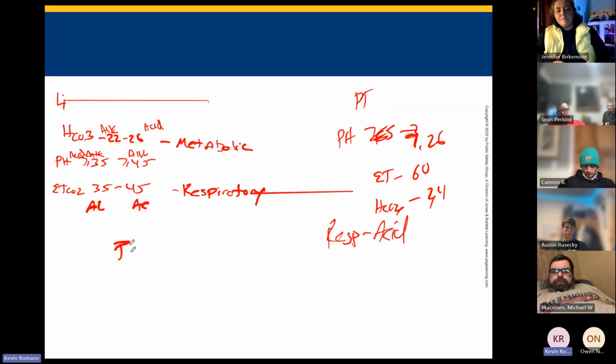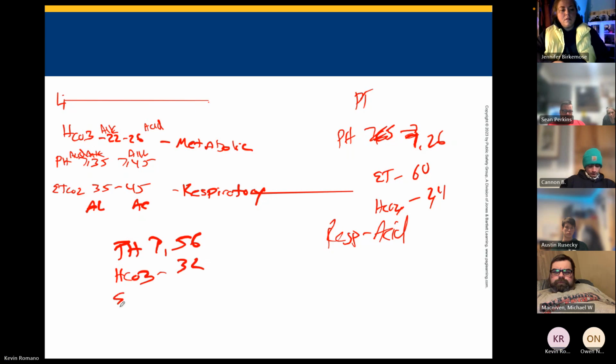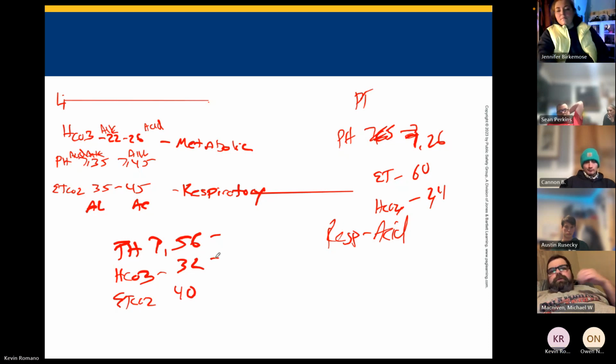If the pH is 7.56 with a bicarb of 32 and an end tidal CO2 of 40, acid or alkali? Alkali. Is the bicarb high or low?